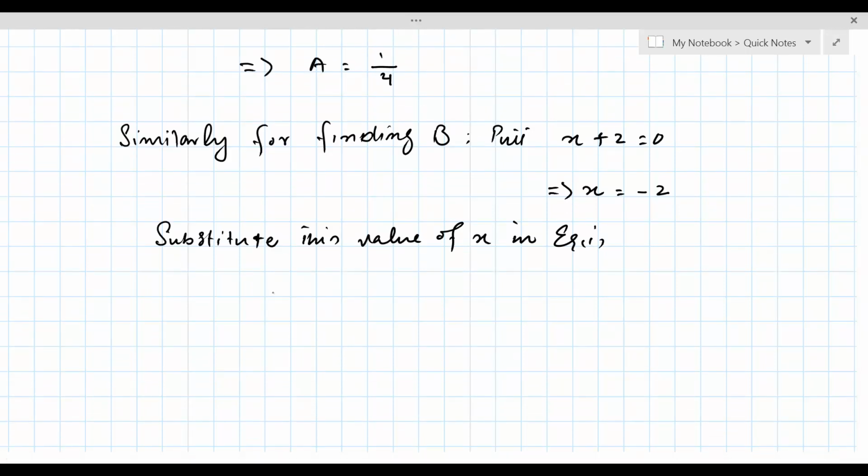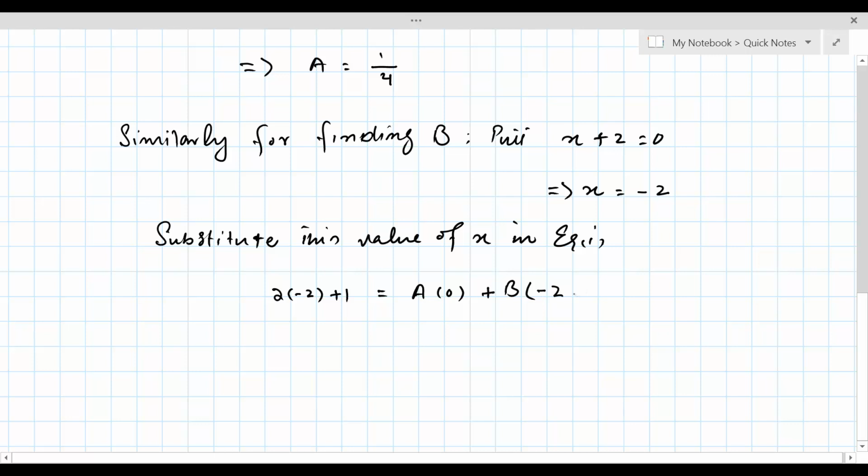Equation 1 is 2 times (minus 2) plus 1 equal to B, because A will become 0, A times 0 plus B into (minus 2 minus 1) into (minus 2 plus 3), and for C it will become 0.